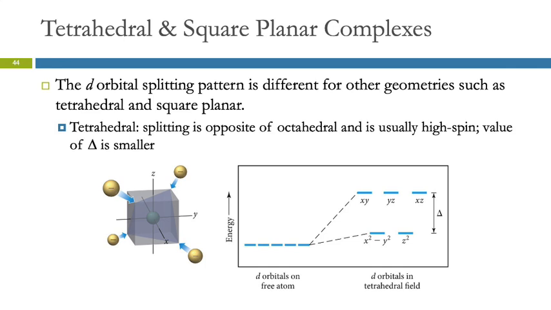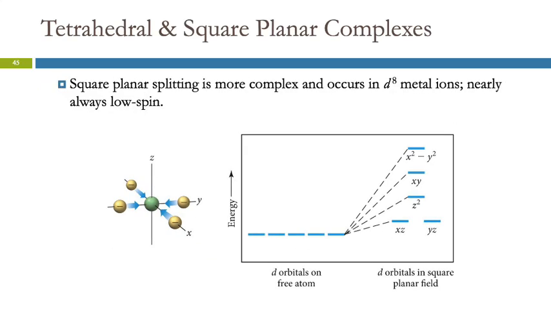The tetrahedral splitting is the opposite of the octahedral, where you have 3 that are high energy and 2 that are lower in energy. This is usually going to be high spin. There's going to be a lot of unpaired electrons, so delta is smaller. Again, so glad nobody has to memorize this.